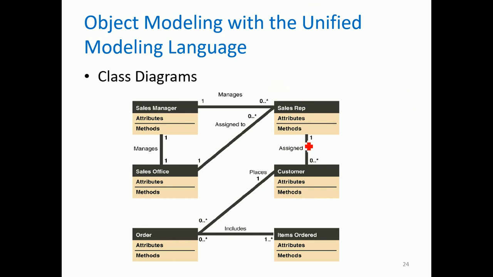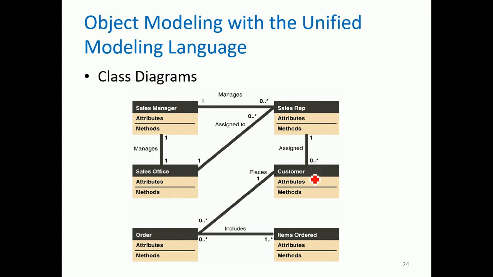Okay, next is the sales rep. A sales rep is assigned to zero or more customers. So a sales rep can handle no customers at all, or one or more customers.